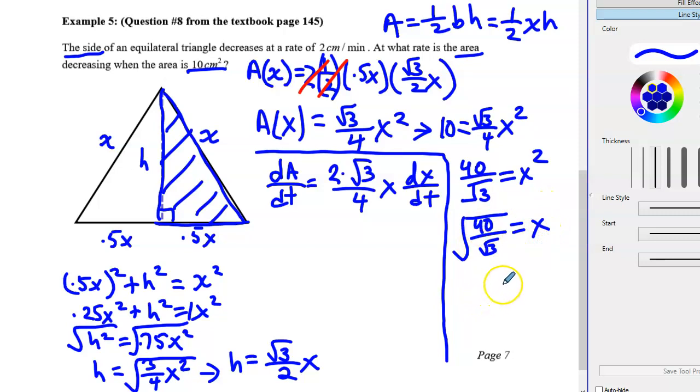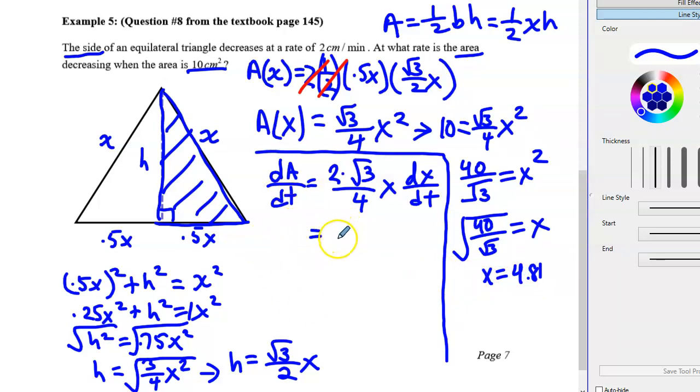So I've got the square root of a square root inside. So 40 divided by, just on my calculator right now, 40 divided by root 3 is equal to 23.09. We'll square root that, and I get 4.81. Okay, and I'll be sure to use the exact value as I carry it over into the other equation.